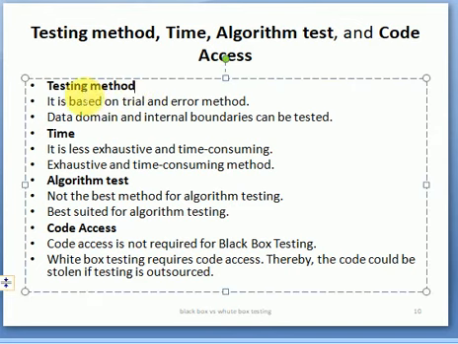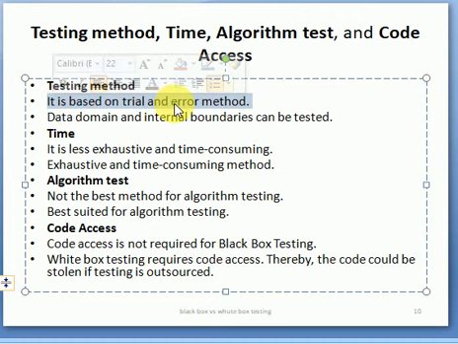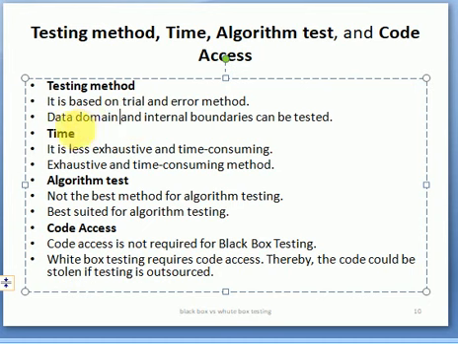Now let's see the testing method. Black box testing is based on the trial and error method, while white box testing is based on data domain and internal boundaries. Now let's see the time, which consumes more time or less time.